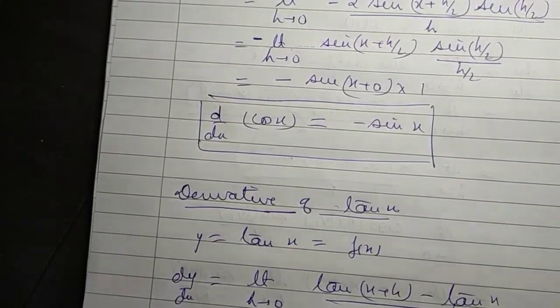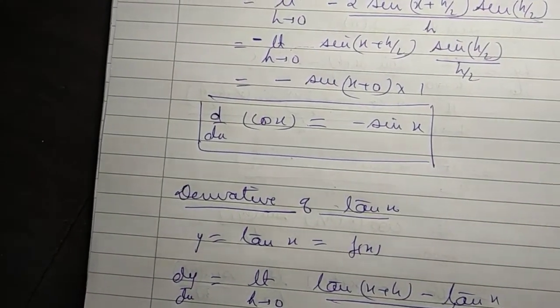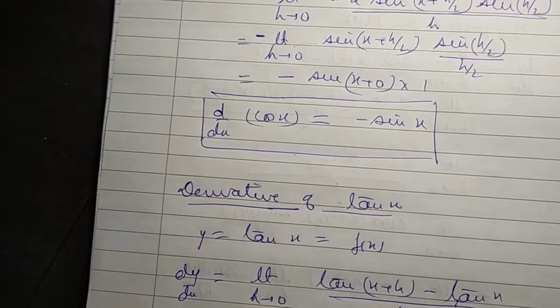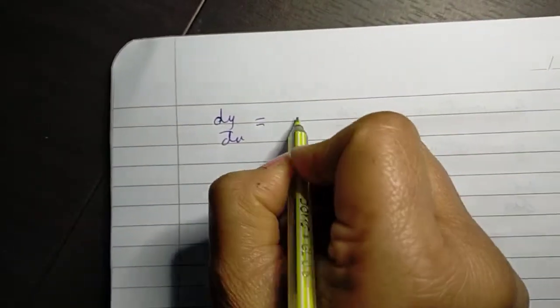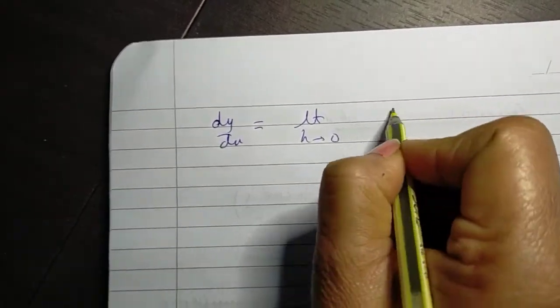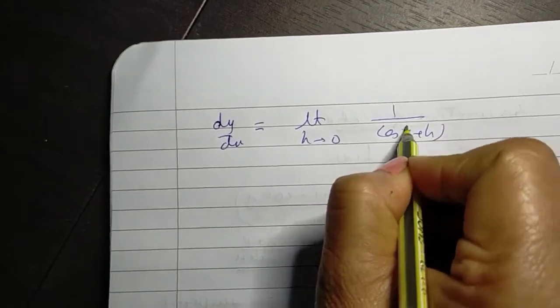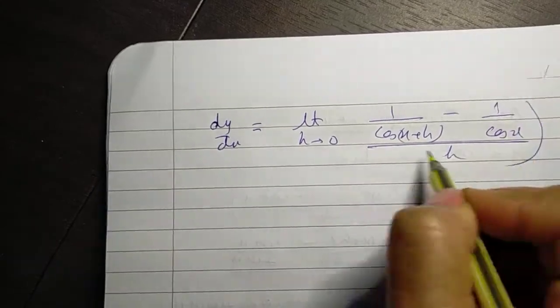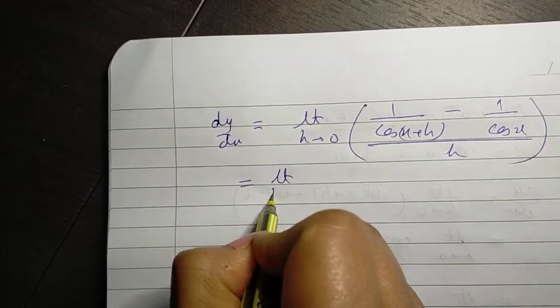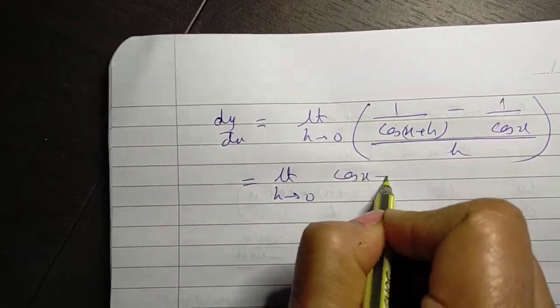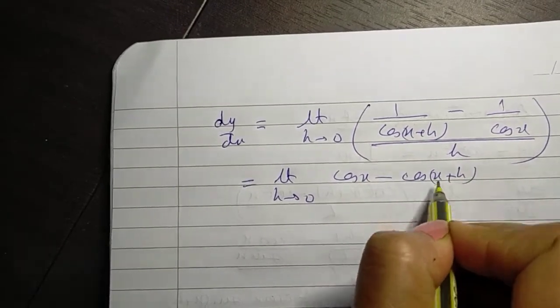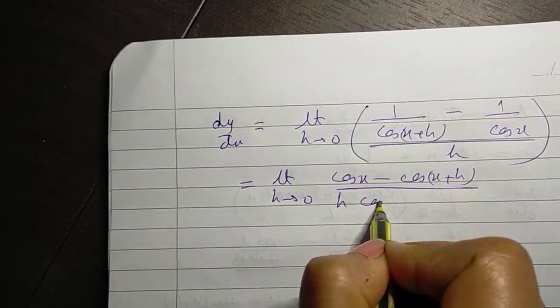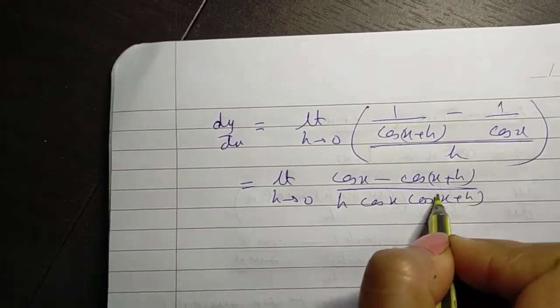Now again, like above, we'll have to convert it to sine and cos, whatever the case may be. So sec will be 1 upon cos. So we get dy by dx is equal to limit h tending to 0, 1 upon cos(x plus h) minus 1 upon cos x, whole over h. Taking the LCM, we get cos x minus cos(x plus h), upon h cos x cos(x plus h).